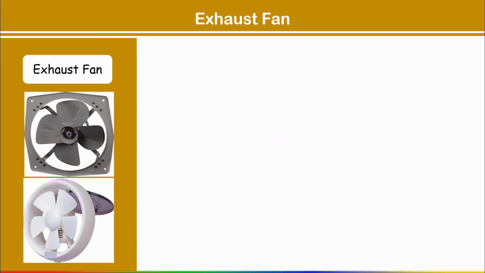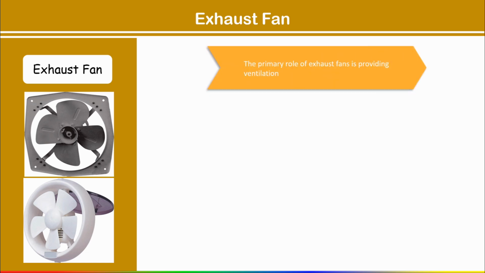So now, the first topic which we have to discuss in this session is exhaust fan. What do you understand by exhaust fan and what is the main purpose of exhaust fan? See, it is written, the primary role of exhaust fan is providing ventilation.